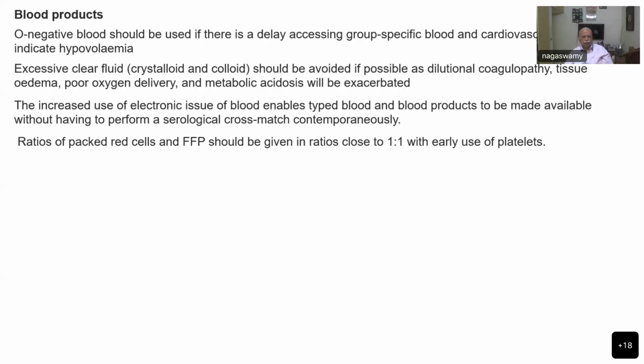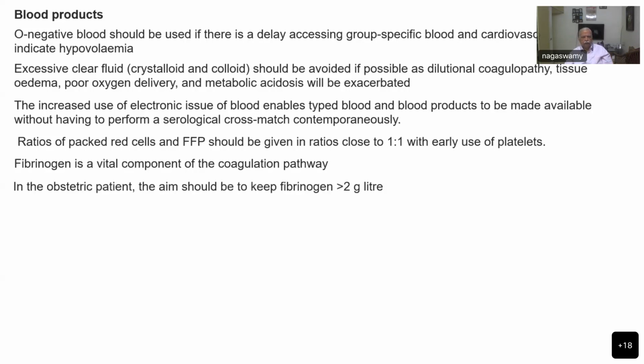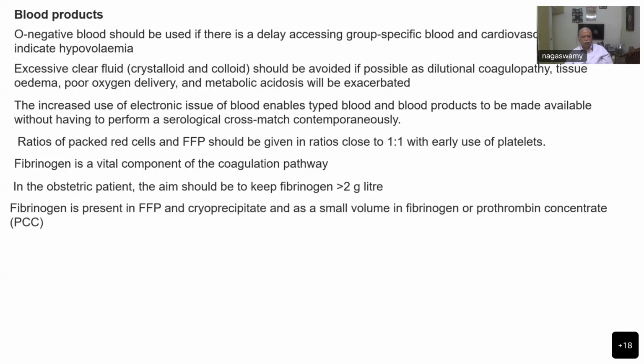And the ratio of packed red blood cells to FFP is 1:1, and sometimes you may have to use platelets also as 1:1:1. And fibrinogen level is very, very vital for the coagulation pathway. So in an obstetric patient, it should be more than 2 grams per liter or 200 milligrams per deciliter. Fibrinogen is present in FFP and cryoprecipitate, and in small volume in fibrinogen concentrate or prothrombin concentrate.